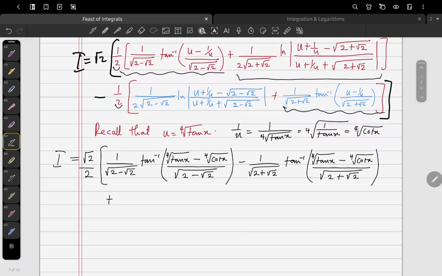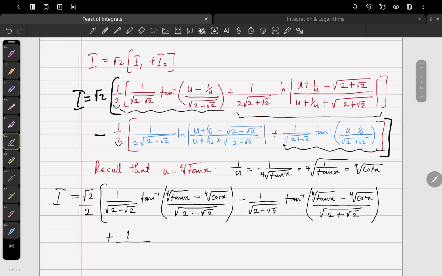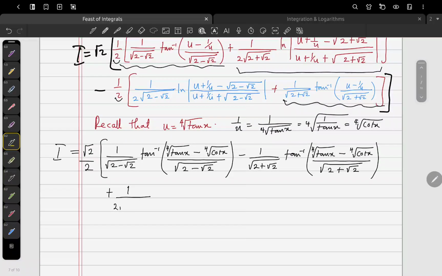So that one is going to be a bit longer. So that would be 1 over 2. Okay, we have not factored it out. 1 over 2 square root of 2 plus square root of 2.